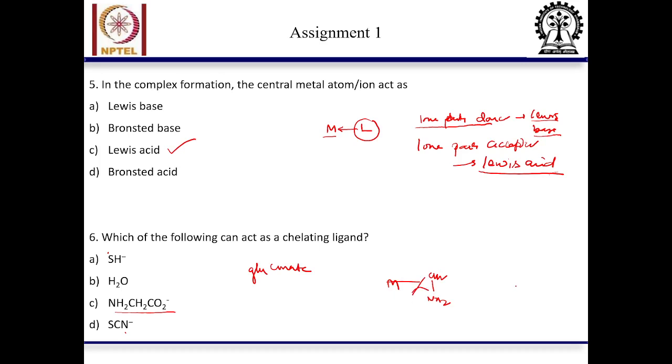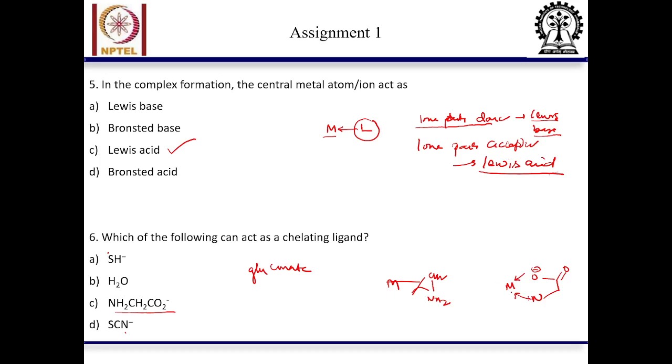So we have M, N, we have O, and C double bond O, which is minus. So basically it has two donor sites: one is the nitrogen lone pair, another is the oxygen minus.